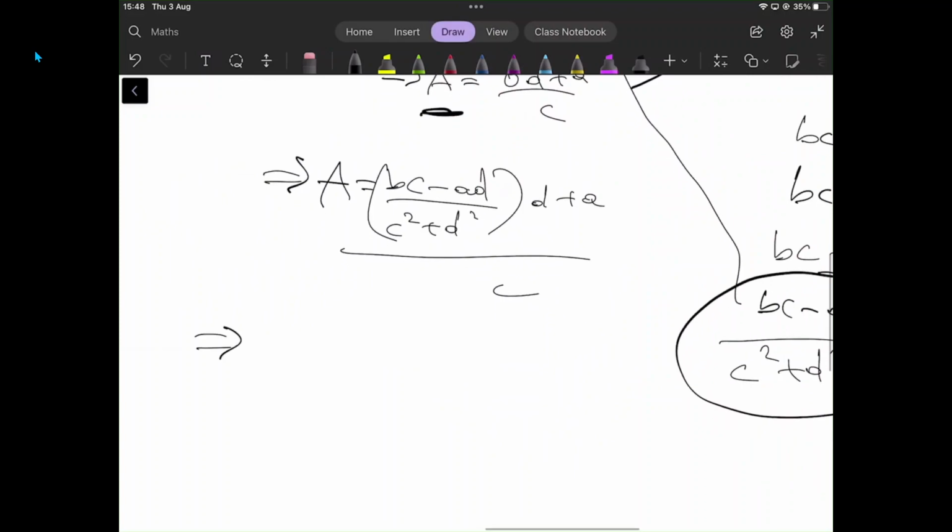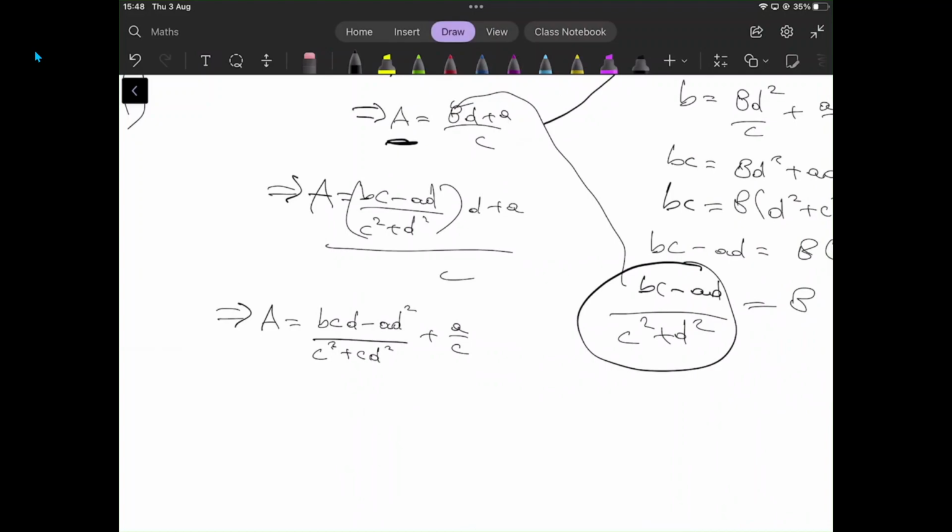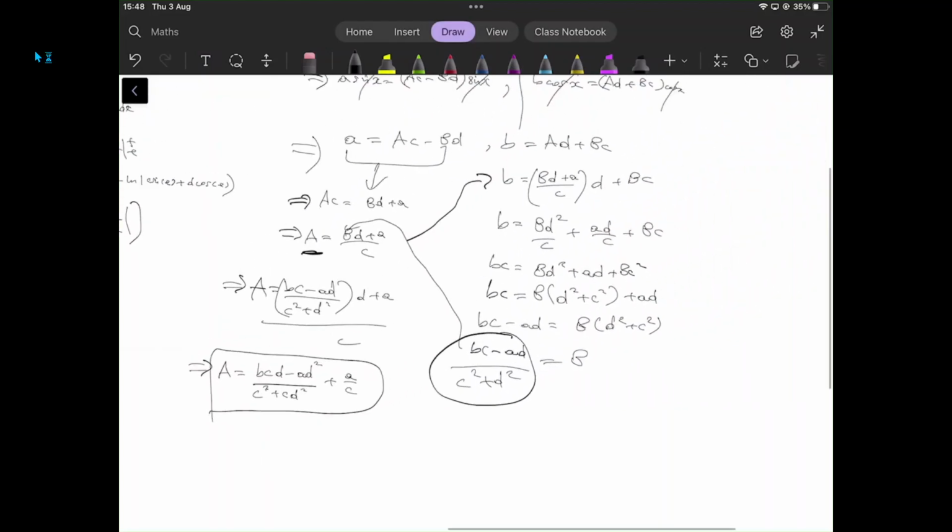So that capital A equals BCD minus AD squared over C cubed plus CD squared plus A over C, right? And so there we have it. That's what our capital A value is, and then our capital B is over here.